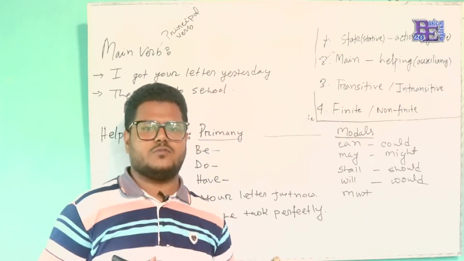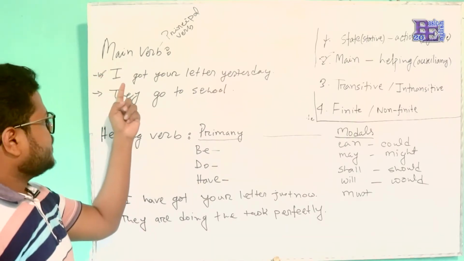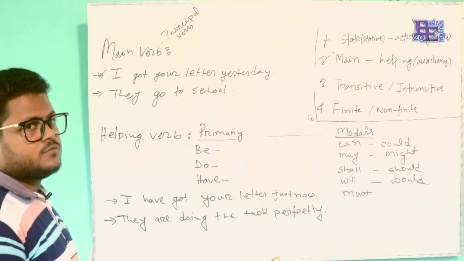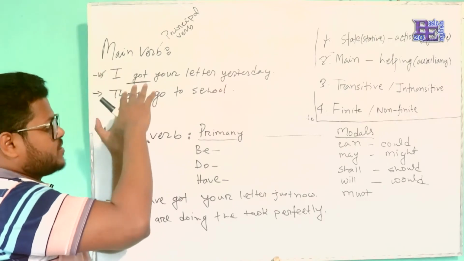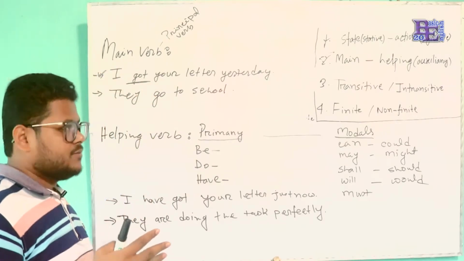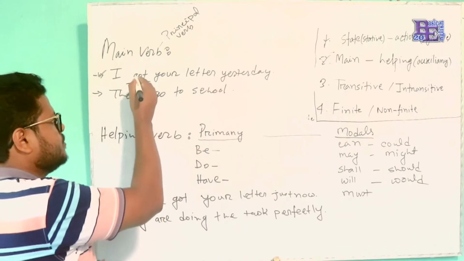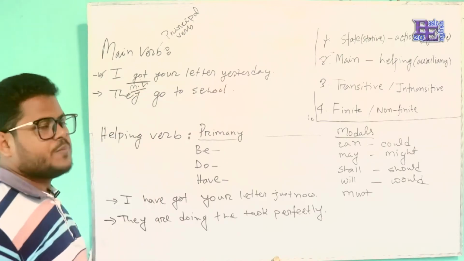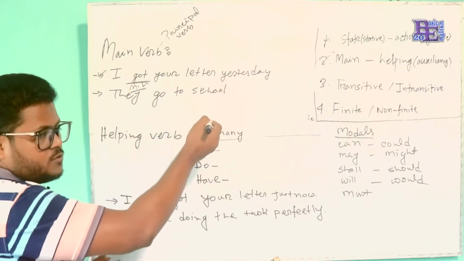Let's see an example. Here I've written, I got your letter yesterday. Here you can see a verb, got. It has expressed the meaning completely and does not take any help from any other verb. So here this is a main verb. We can write MV, main verb. In the next sentence you can see, they go to school.